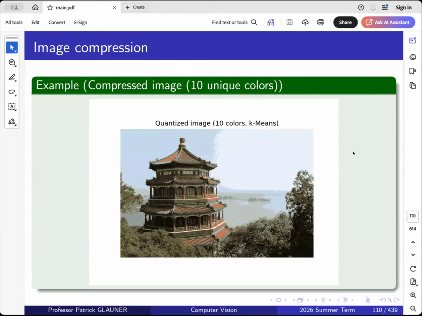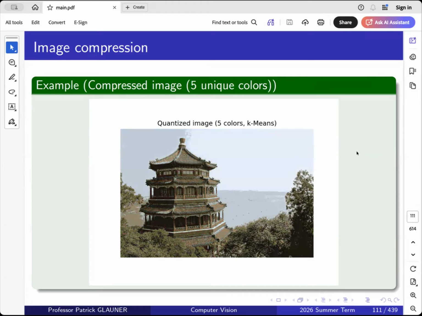So you see, you can use machine learning for this image processing problem. What we are doing here, in fact, is some kind of segmentation, because we are segmenting the image in a way so we get a number of unique colors while trying to preserve the image as much as possible.